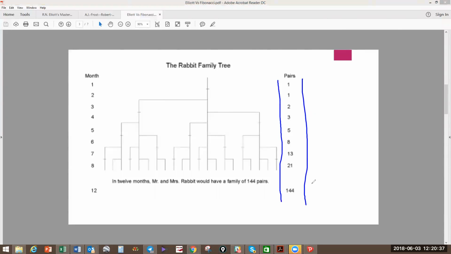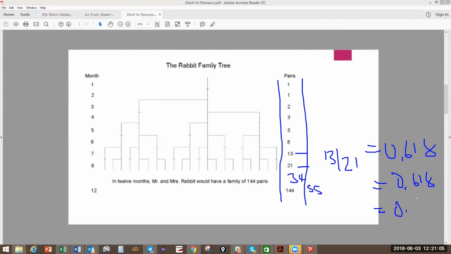As this sequence goes towards the end, if you start dividing a number by its next number, for example, 13 divided by 21, you get 0.618. The next numbers are 34 and then 55. If you divide 34 by 55, you get 0.618. So if you keep dividing, especially towards the end of the sequence, you keep getting this 0.618.